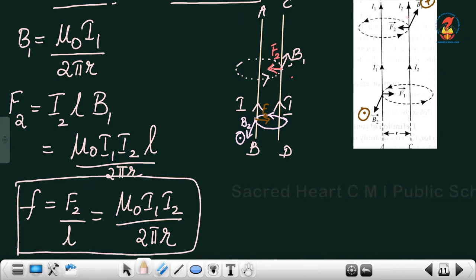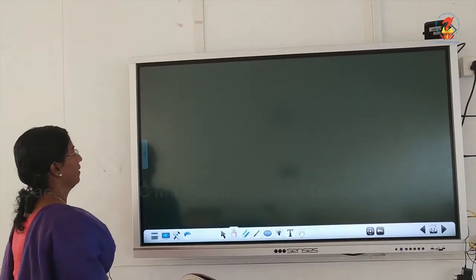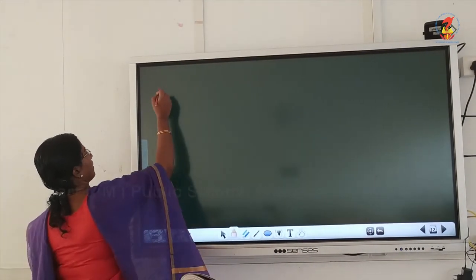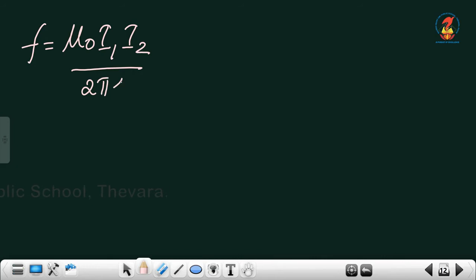Now, using this expression, we can define what is 1 ampere. Okay. Now, F is equal to mu 0 I1 I2 divided by 2 pi r.